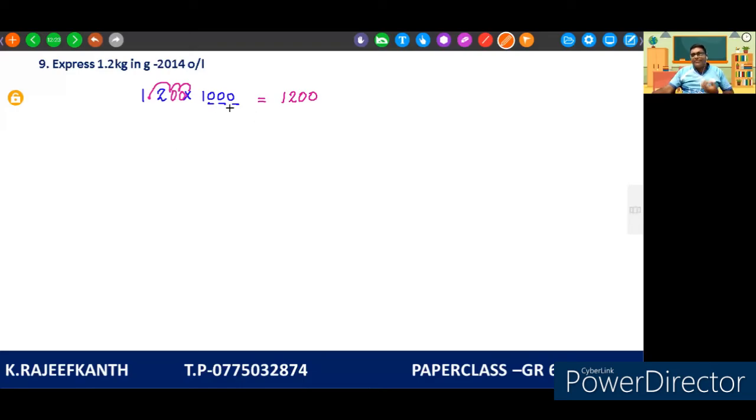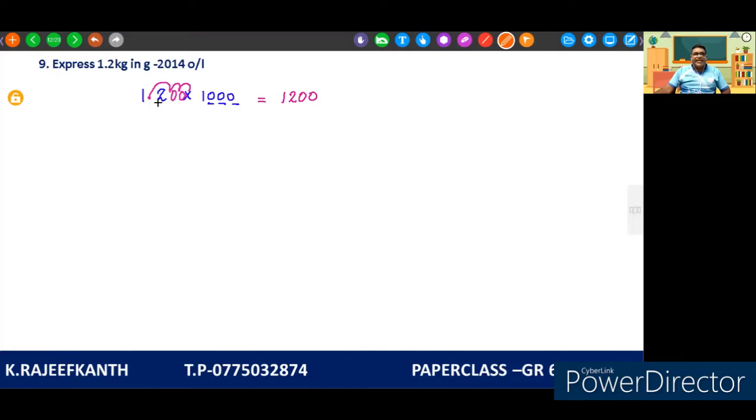So if we want to convert kilogram into gram, we have to multiply by 1000. Here 1.2 multiplied by 1000. When multiplying by powers of 10, first we count the number of zeros. In 1000 there are 3 zeros, so we move the decimal point by 3 digits: 1, 2, 3.